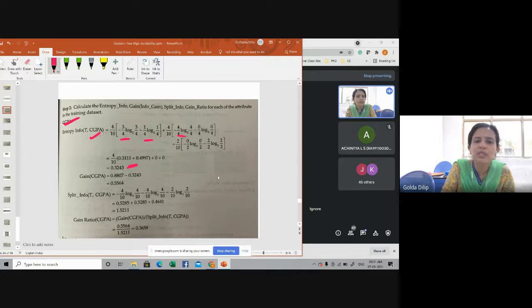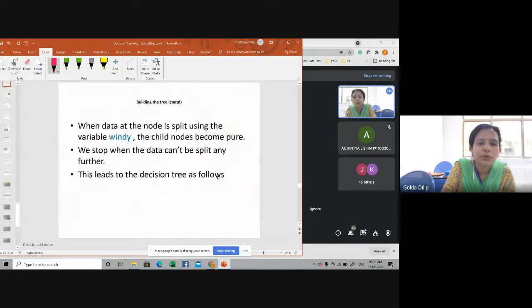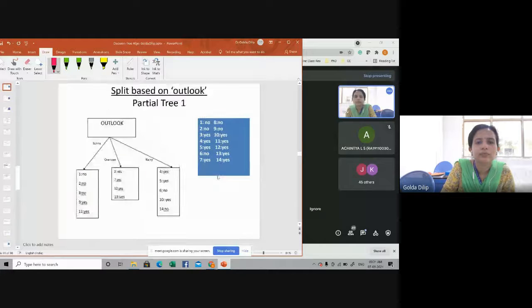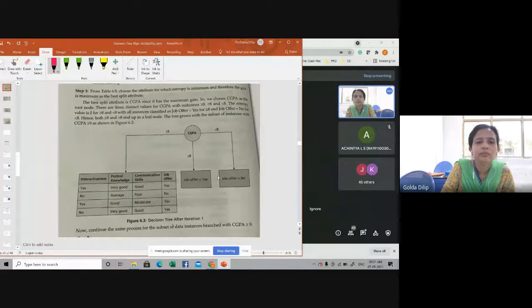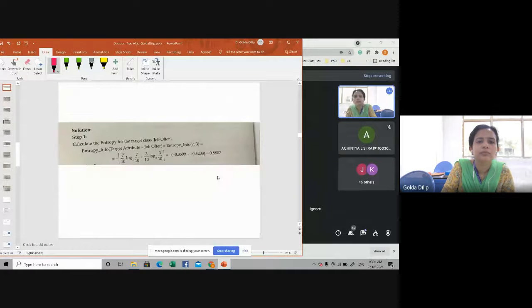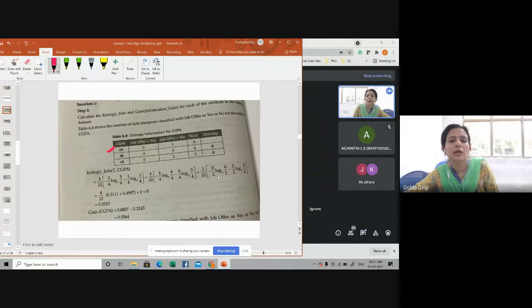For the attribute CGPA, it has to be compared with the target variable, right? How many job offers, yes or no? I'll show you once again. See, for the CGPA, there were 3 categories: greater than or equal to 9, greater than or equal to 8, less than 8.